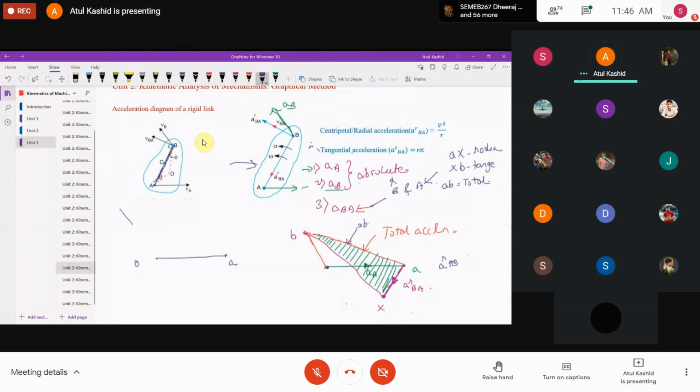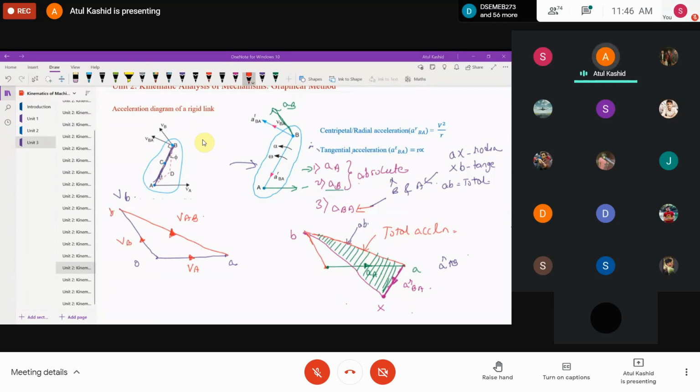Then this is VB. And for AB, perpendicular, this velocity of A, this velocity of B, and this is my velocity of A with respect to B.